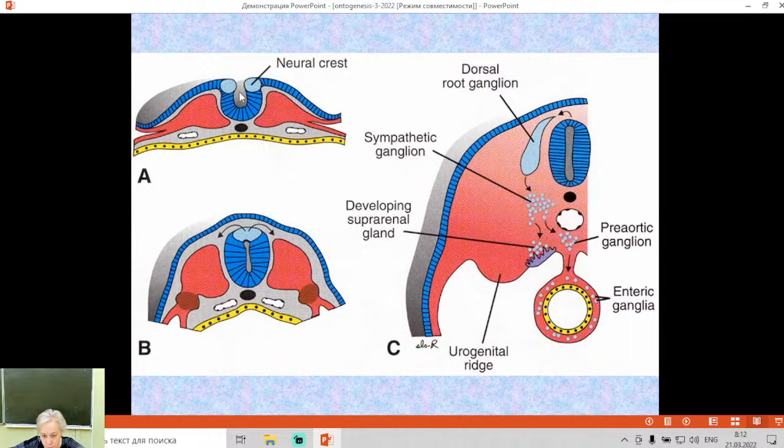On this slide, you see the process of formation of the neural tube again. The light blue is the neural crests, and on both sides of the neural tube and notochord, you can see differentiation of mesoderm, the somites.